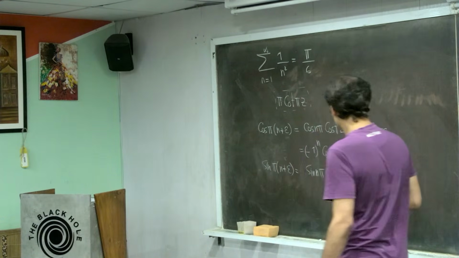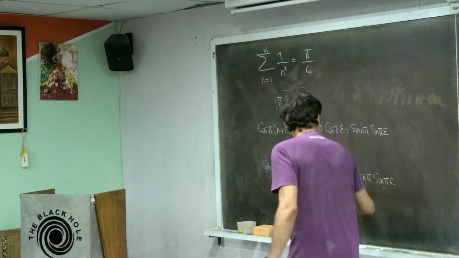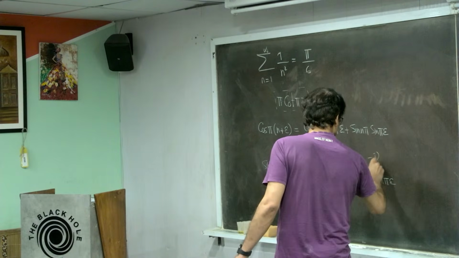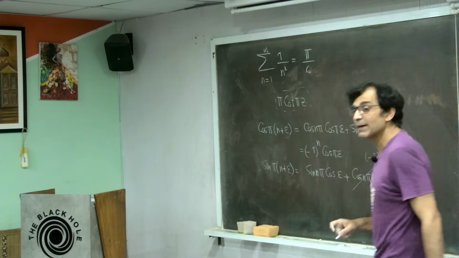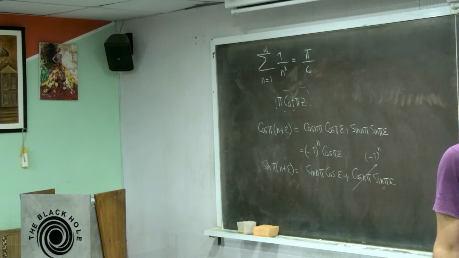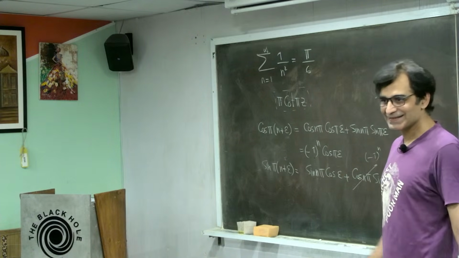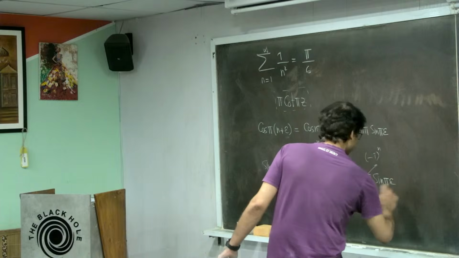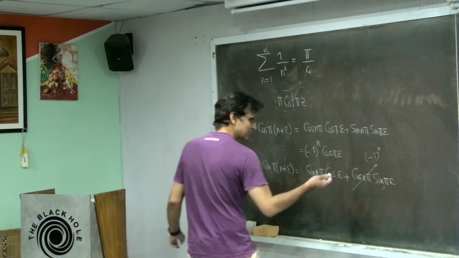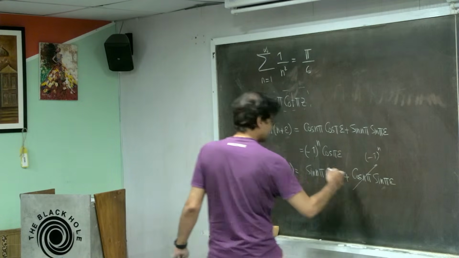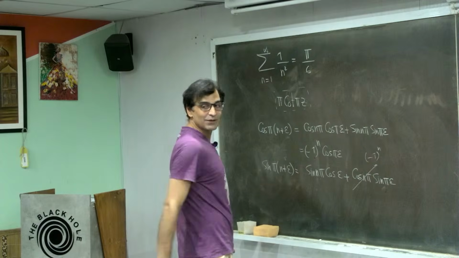This is 0, this is minus 1 to the power n. But for small epsilon, this is pi epsilon, exactly. So for small epsilon, in the limit epsilon goes to 0, this is pi epsilon and cos epsilon becomes 1.